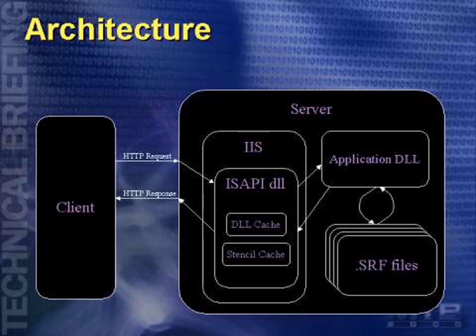Now, one of the reasons we took this two-level approach is that we don't need to lock the application DLLs in memory in process with the server. So what that means is that you can actually upgrade your application DLL as you go along through the process of implementation and deployment.